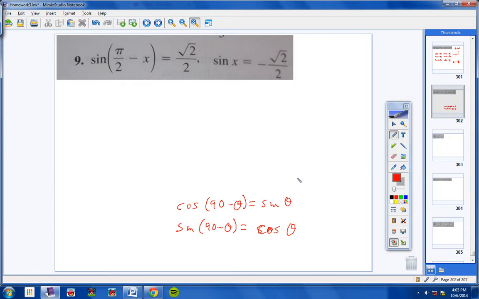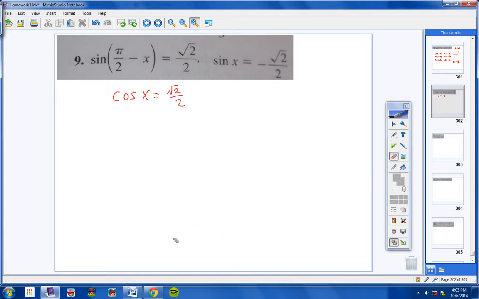So right off the bat, we know that if I have sine of 90 minus an angle x, that's the exact same thing as just saying cosine of x equals square root of 2/2. Notice right here at the very beginning that when I take sine of an angle, I get a negative number, and when I take cosine of an angle, I get a positive number.